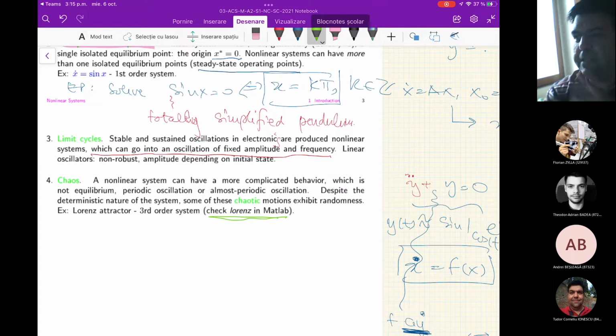First I'm preparing the MATLAB and then I'll share a different screen with MATLAB, okay? So we can look at some simulations, right? Okay, open.